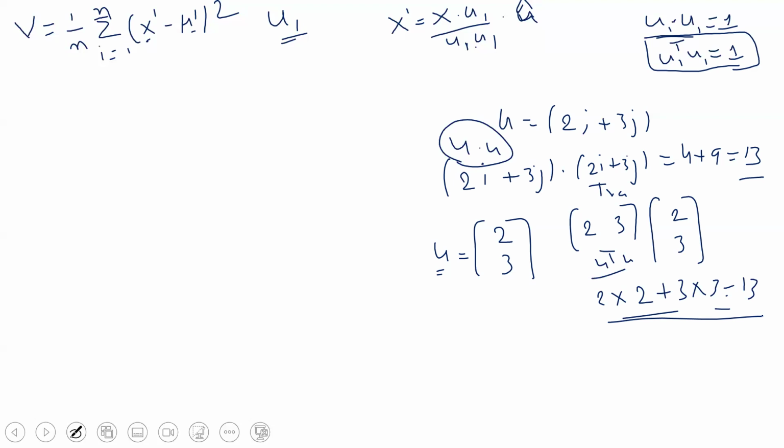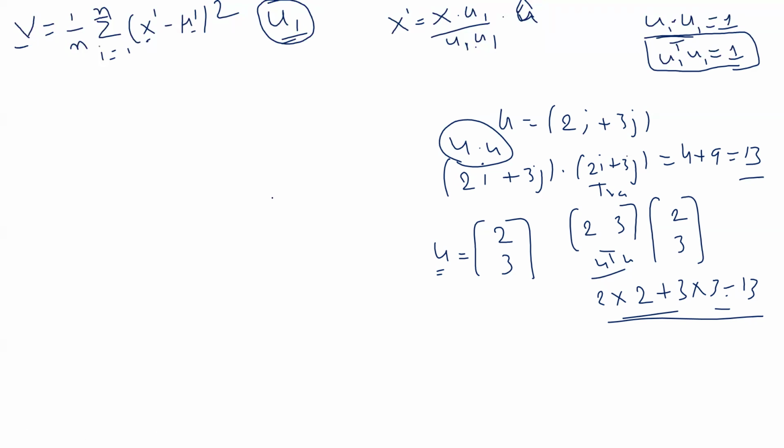So what I'm saying is I'm considering u1 as a unit vector. The constraint is restricting the values of u1. Now what are we trying to do with u1? We are trying to find out the direction of u1. That is our main goal. When you maximize the variance, you are trying to find the direction of u1, right? But you are restricting u1 with a condition, that is u1 transpose into u1.